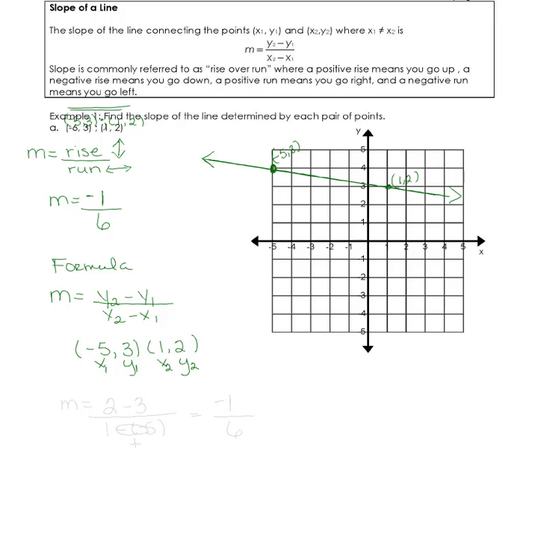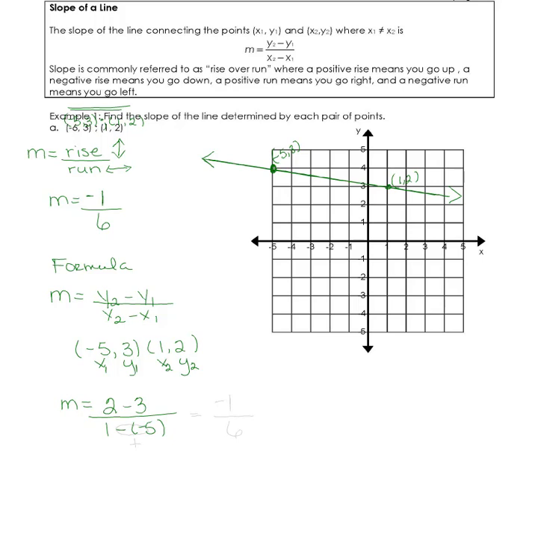So all we're doing next is taking what we know. This is another way of finding the slope by using the formula. And we're just going to substitute it back into the formula. You're subtracting your y coordinates over the subtraction of your x coordinates. So you're saying 2 minus 3 all over 1 minus negative 5. The minus sign that's in the formula does not substitute for the negative that's on the 5.